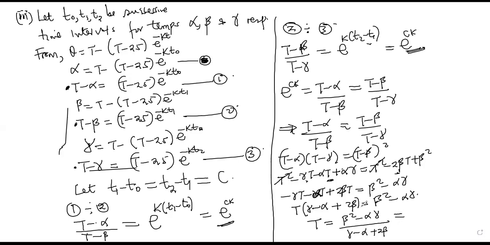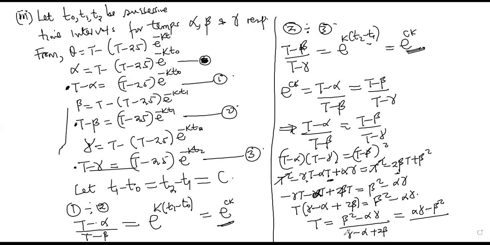But according to what I'm given, I'm having αγ minus β squared. So we can divide through by negative up and down so that we have (αγ minus β squared) over, if you divide by negative here, I don't know why this one is keeping positive here.